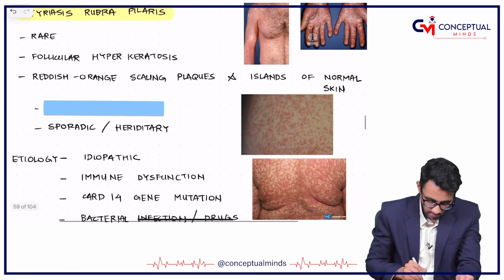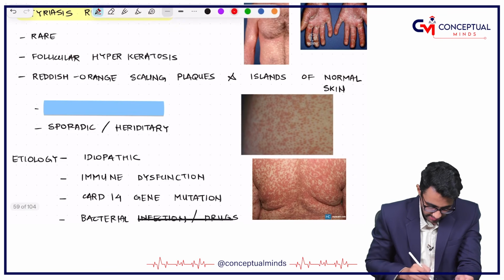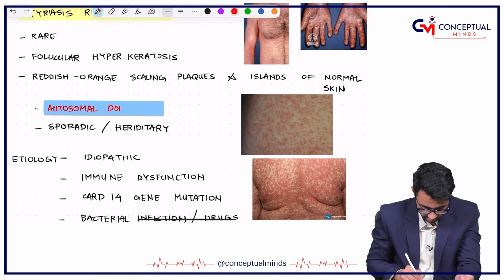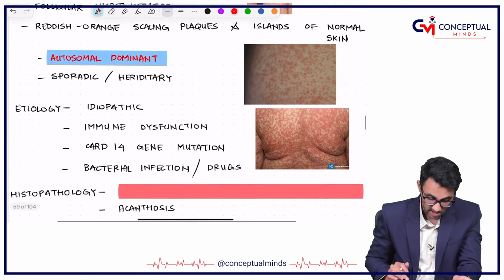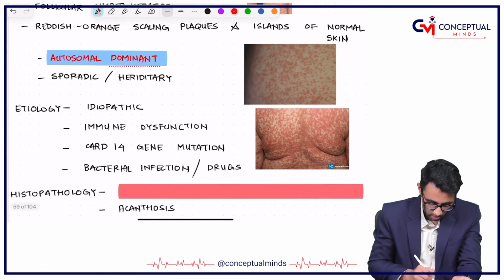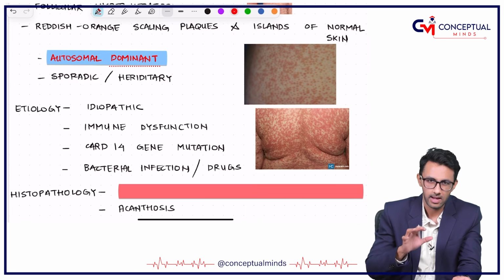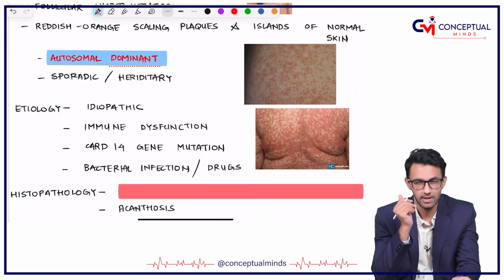Okay, what is the dominance pattern here? It is autosomal dominant. It is an autosomal dominant condition, but the sporadic variant is more common than the autosomal dominant variant.